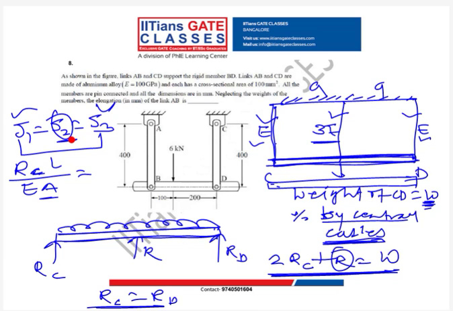My delta 2 is R into L upon 3EA. So what will be your RC in terms of R? RC will be R by 3. Is it clear or not, guys?